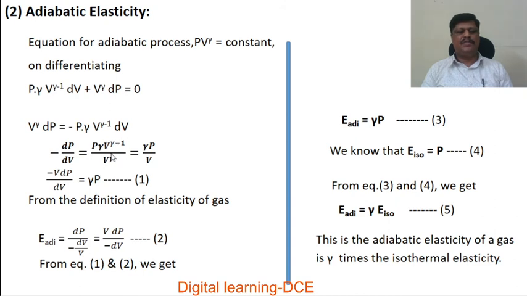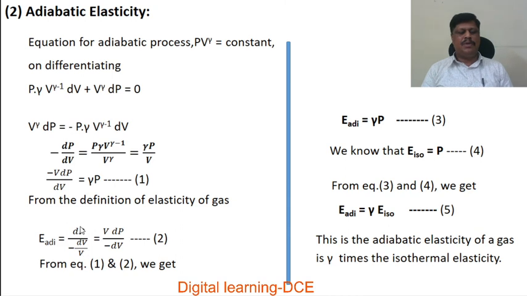On simplification, we get minus dP by dV is equal to gamma P by V, or minus V dP over dV is equal to gamma P. From the definition of elasticity of the gas, as I explained in the last slide, this represents the elasticity of the adiabatic process, the ratio of volume stress to the volume strain.